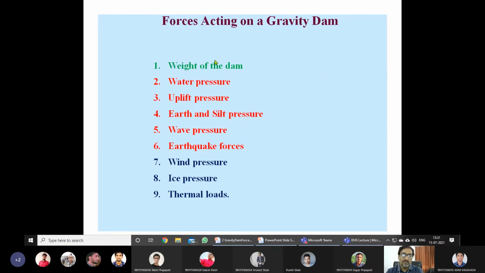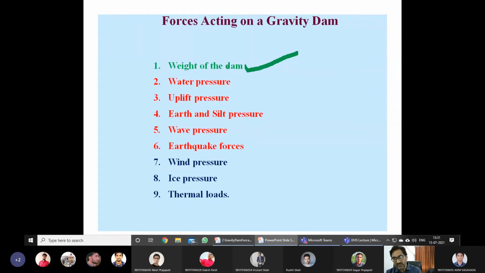And look at these. I have given different colors purposefully. First here is the weight of the dam. It's a welcome gesture in the dam analysis, because the more the weight, the more the stability of the structure. So how could you increase the weight of the dam?